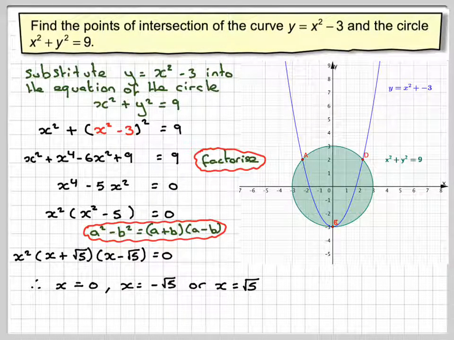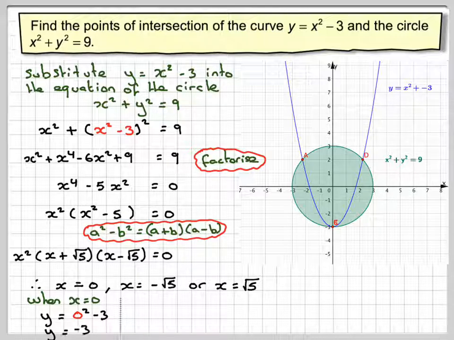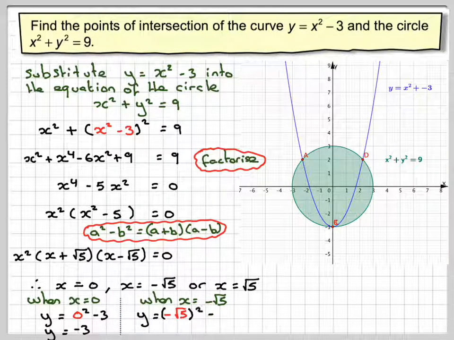Now to find the y coordinates, it's obviously better to put back into the curve. When x equals 0, we get y equals 0 squared minus 3, which gives y equals minus 3, which is that point there. When x equals minus root 5, we get y equals minus root 5 all squared minus 3.